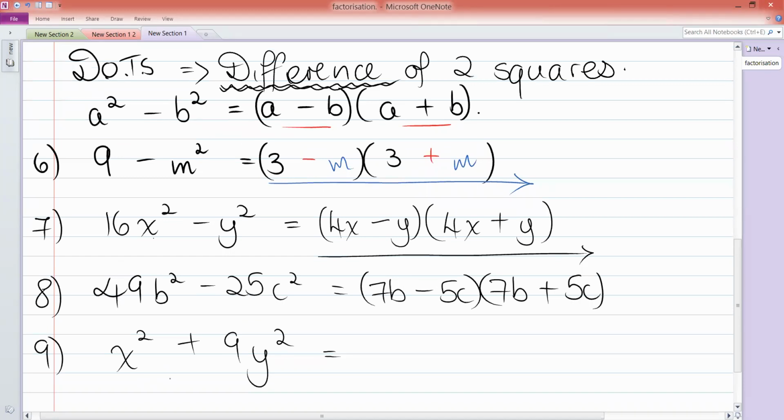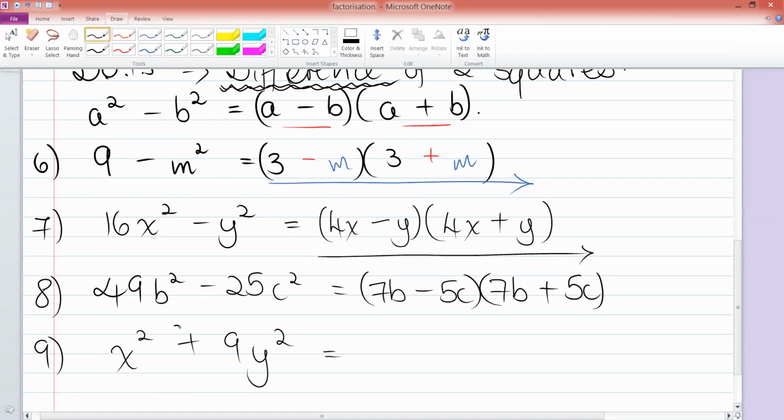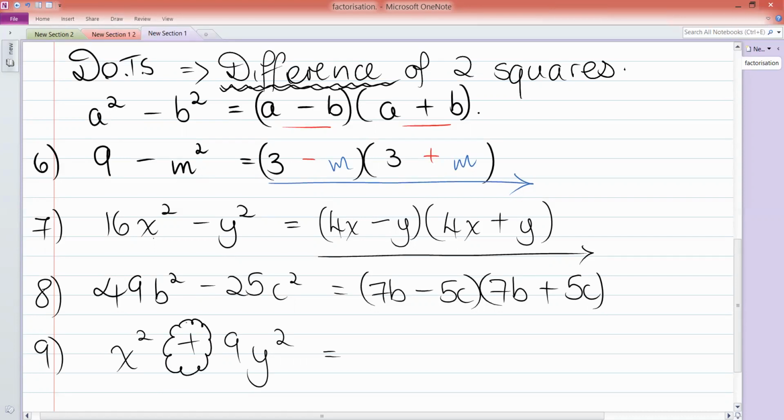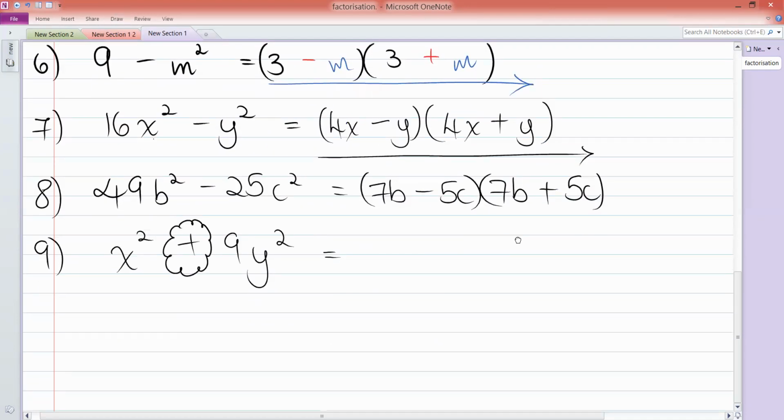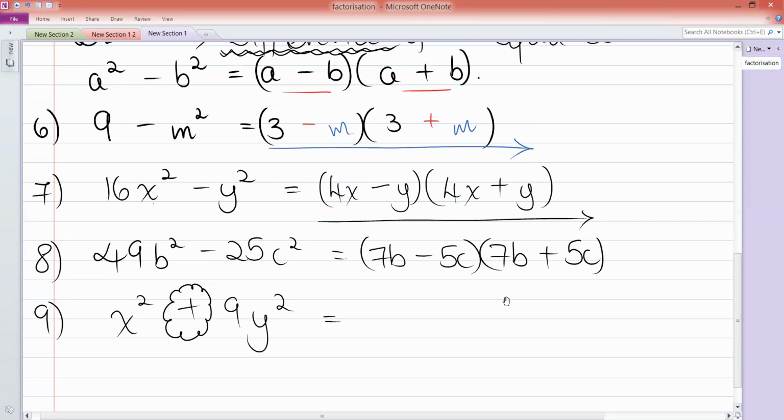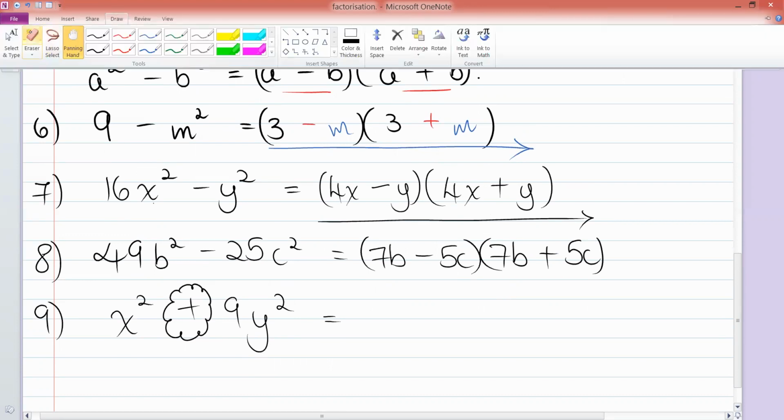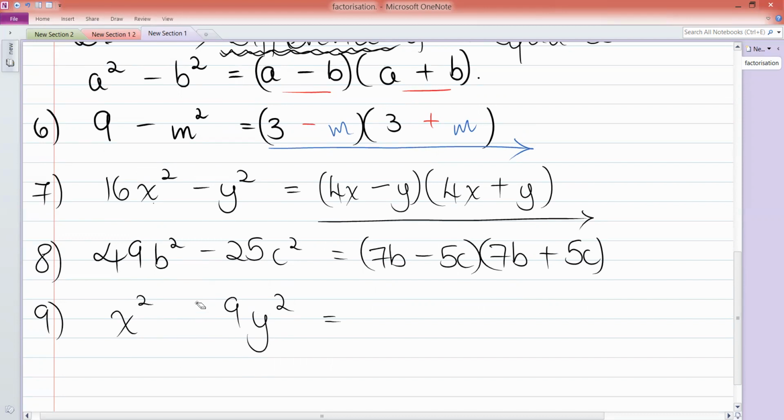Looking at number 9, do we have a difference? No, we don't. Why? Because look, this is a plus sign. Right. So that was the trick there. The trick was that we had a plus sign here. If you have a plus sign, you can't factorize it using difference of two squares. The difference of two squares only applies when you have the minus sign, so subtraction.